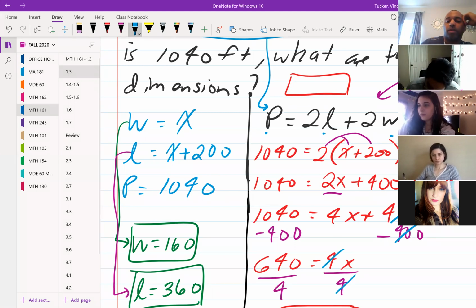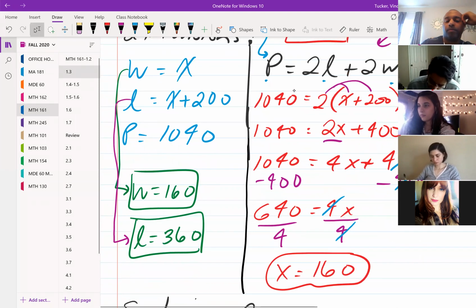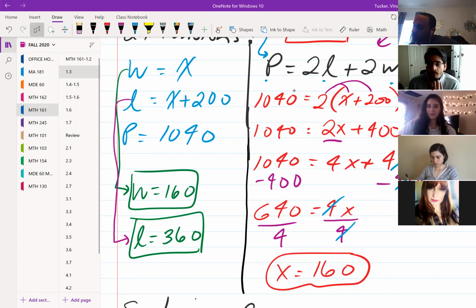The 4's cancel, and X is equal to 160. All right. Problems or questions about the 160 before we look to finish off the problem?